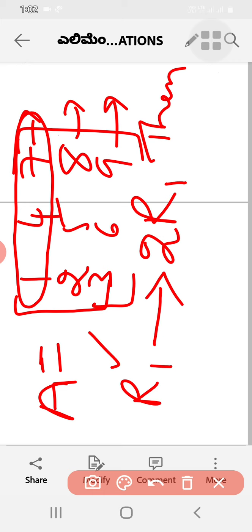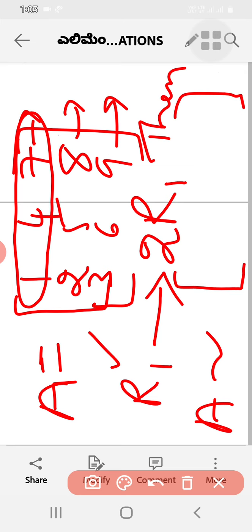Then this matrix becomes, I will write this symbol here, equivalent to, observe carefully. The first row changes; I have operated on the first row only. So the second row remains the same, and the third row also remains the same, 3, 6, 9.